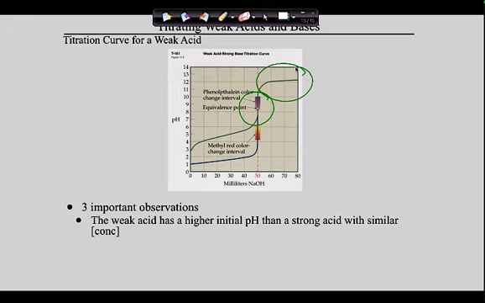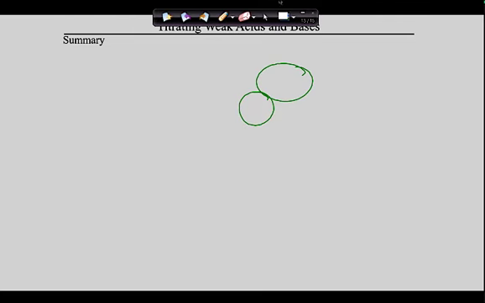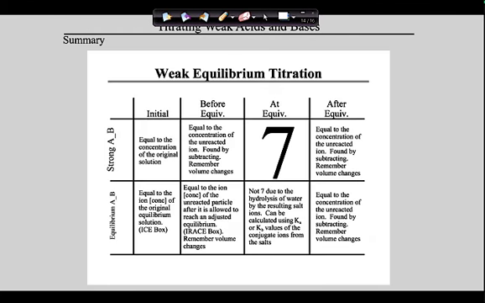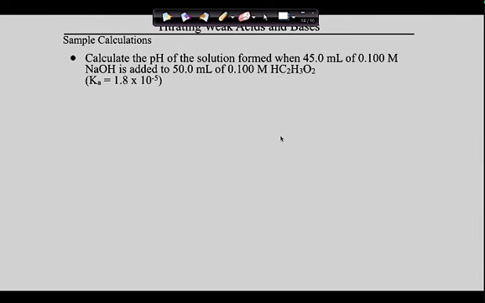So guys, we're going to solve one of these. Glad for the table, huh? Here we go. This is the problem we're going to solve, with acetic acid and sodium hydroxide.